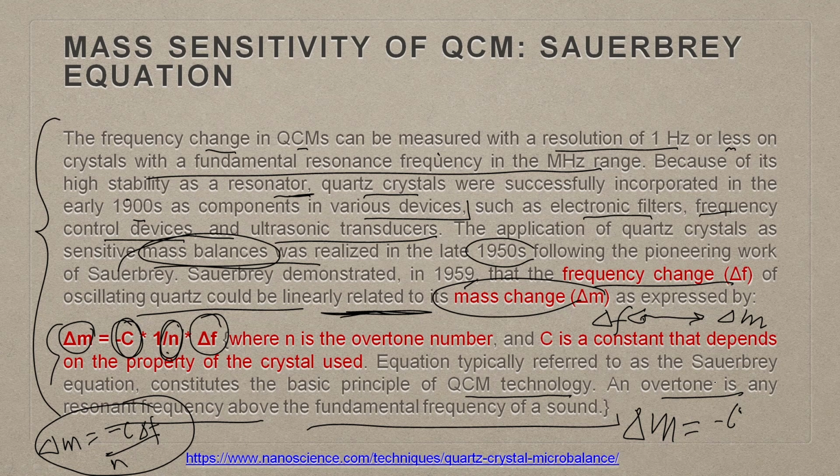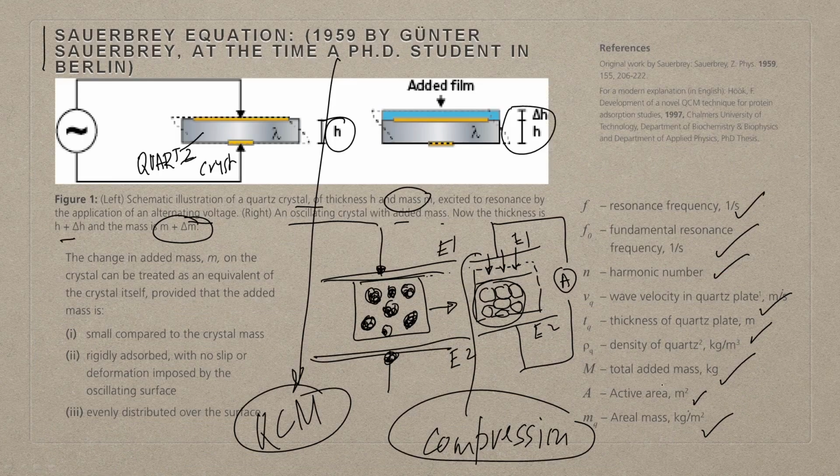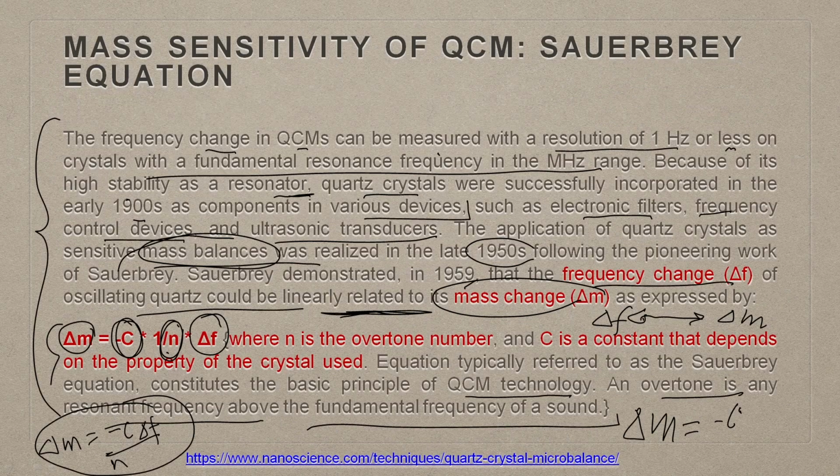This constant c comes from some of these parameters: the density of the quartz, velocity, thickness of the quartz crystal, and all those things. The detailed equation is pretty interesting.